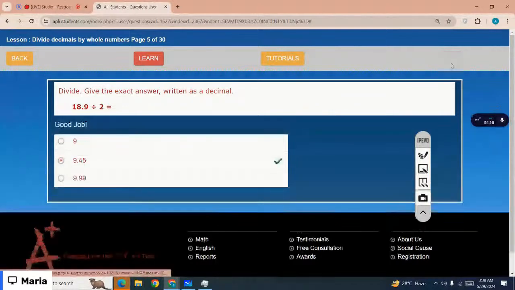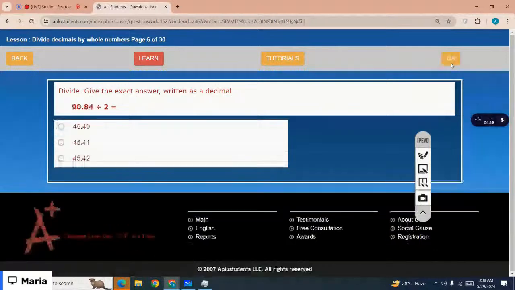Very good. The next one is 90.84 divided by 2, which is the correct option?